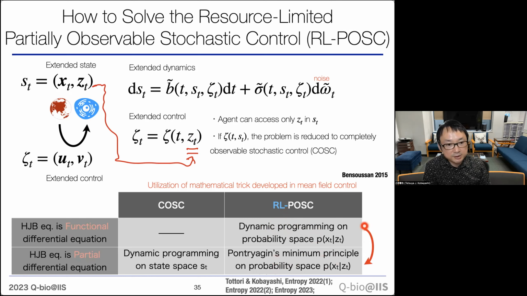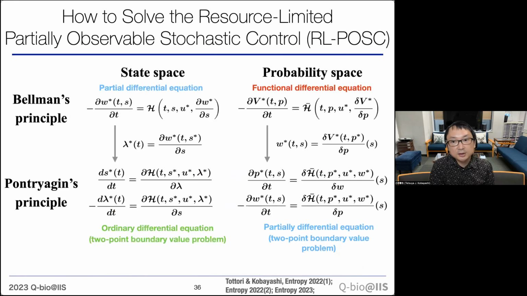This trick was recently utilized in mean field control, for example, by this author. By switching to the Pontryagin minimum principle, the effective HJB equation becomes a partial differential equation. So this is accessible. This is the trick.